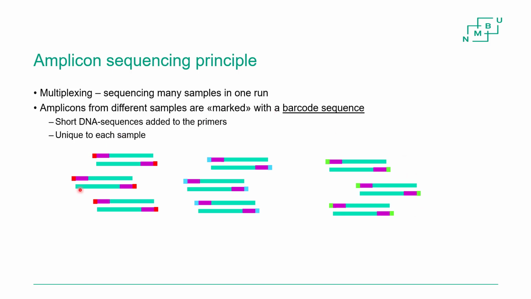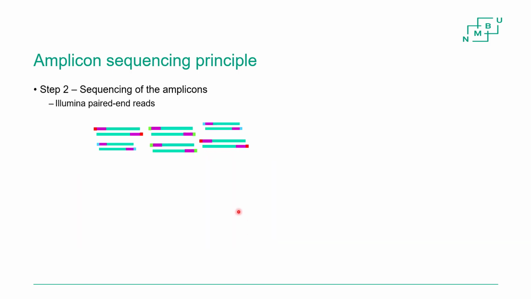And these can now be sequenced together because we have this barcode as part of the sequence, so we can identify from which sample each one was taken. So that's purely convenience to make things efficient.